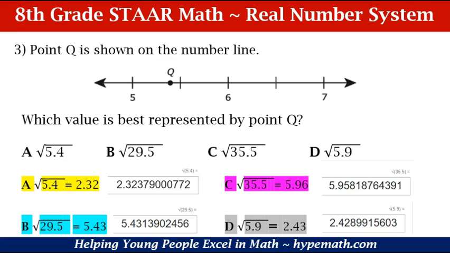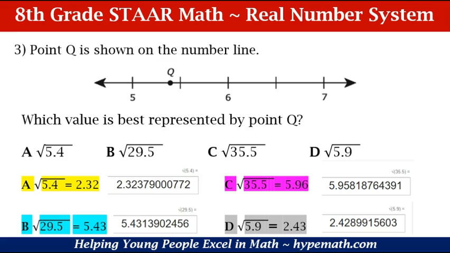Now, let's look at the values of our square roots. For square root A, 5.4, that's equal to 2.32. When you put it in your calculator, it's a square root sign. You type in 5.4 and then the equal sign or enter. For B, the square root of 29.5 is equal to 5.43.